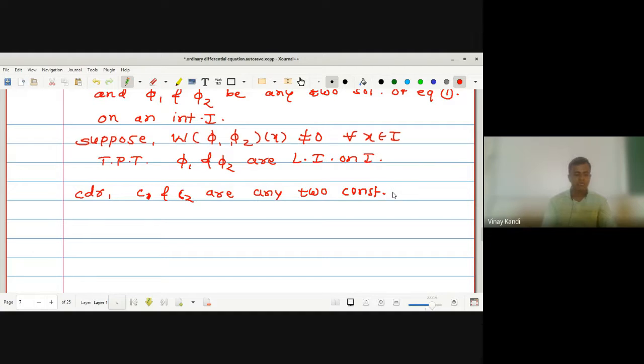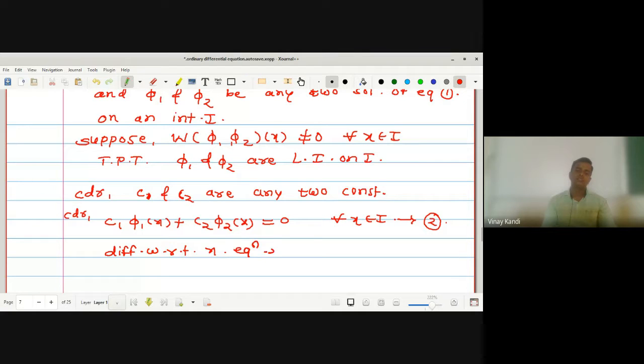Now, C1 phi 1 of x plus C2 phi 2 of x is equal to 0 for all x belongs to I. Give it equation number 2. Now differentiate with respect to x. What we get: C1 phi1 dash of x plus C2 phi2 dash of x is equal to 0 for all x belongs to I. Give it as equation number 3.